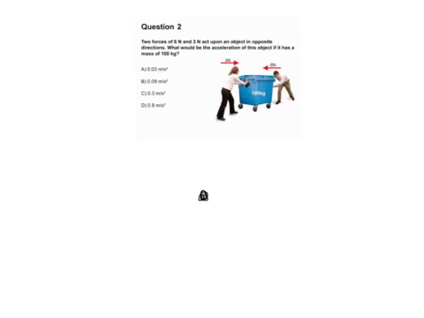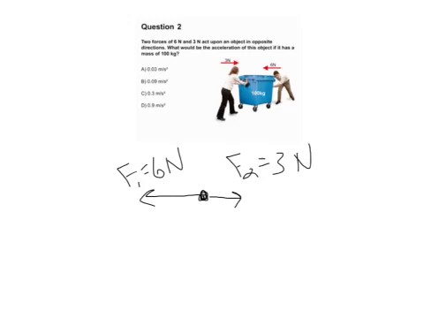So we've got the 6 newton force acting over here, and another force, 3 newtons, acting over here. Notice when I drew these, I drew the arrows proportional to the size of the force. I drew the longer arrow as the 6 newton force. So we can see from this that our net force is going to be 3 newtons.